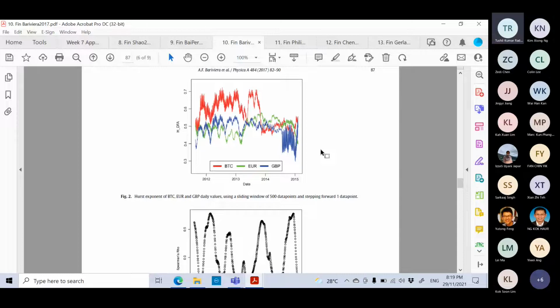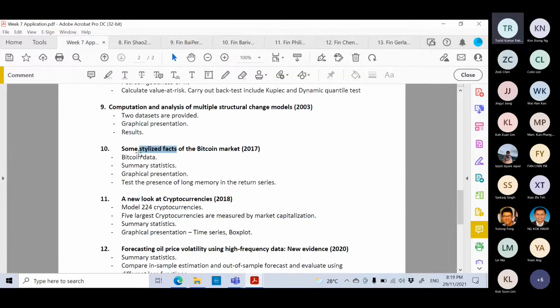Okay. The following papers are related to the starlight effects, where they are testing for long memory effects. After that, this paper is also about cryptocurrency, but it is a very short paper. The first thing they do is analyze 224 cryptocurrencies.